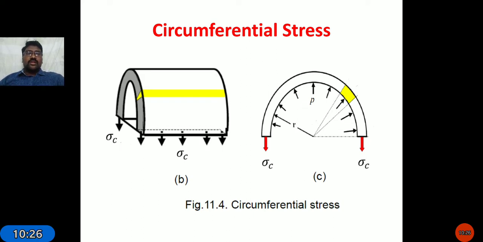Whenever the applied force is more than the reaction or resisting force, the cylinder will fail. That means it will split into two halves, as discussed in the previous case, along the circumferential or along the longitudinal direction.